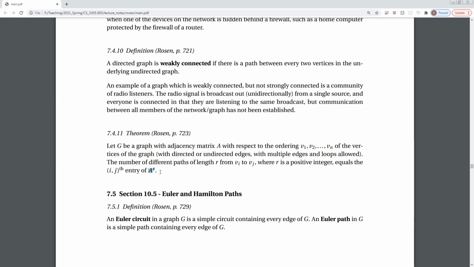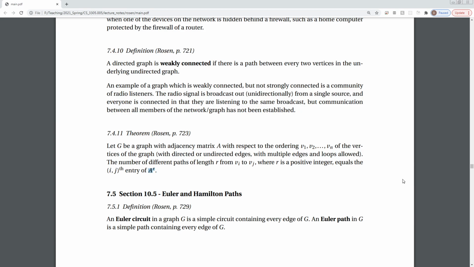So that transitive property carries over. The number of different paths of length r can be derived from matrix multiplication or exponentiation if you prefer, and then counting those values, taking advantage of the degrees of those vertices.